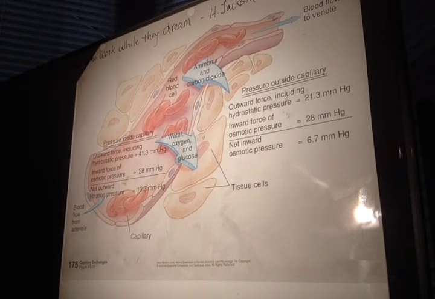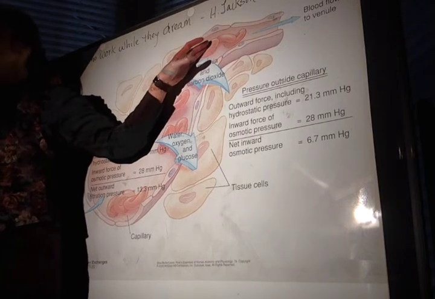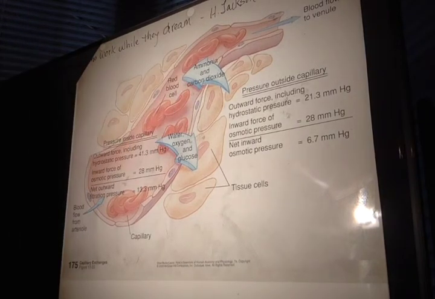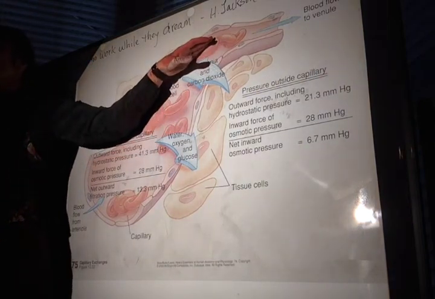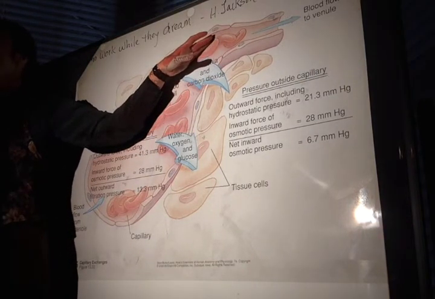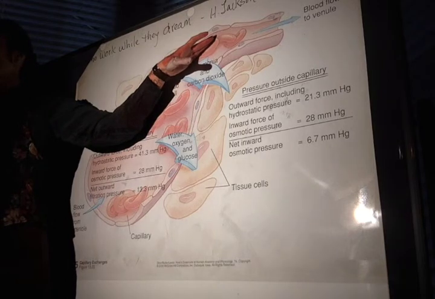You have your red blood cells that couldn't get out. You have your albumin proteins that couldn't get out. Yes? Okay. So on this end, you have hydrostatic pressure still, but now you have more osmotic pressure.